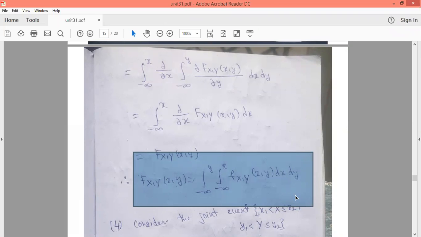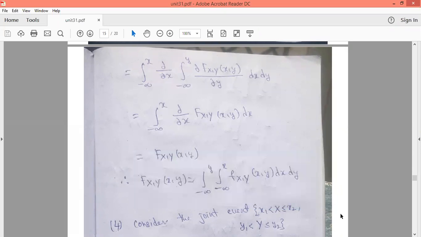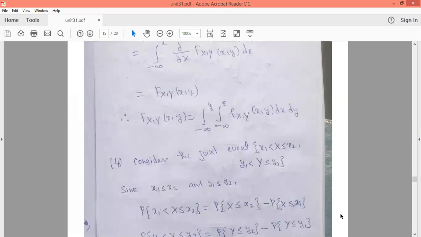The distribution function is the integral of the density function. So that is our third property.